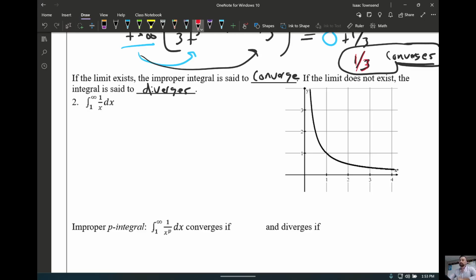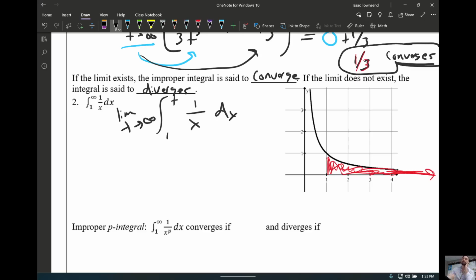Okay, so example 2, here's 1 over x, and I want to know what does this integrate from 1 to infinity. So if I do all of this and factor in that this goes on forever, we can just integrate from 1 to t, and then say the limit as t goes to infinity of 1 over x.